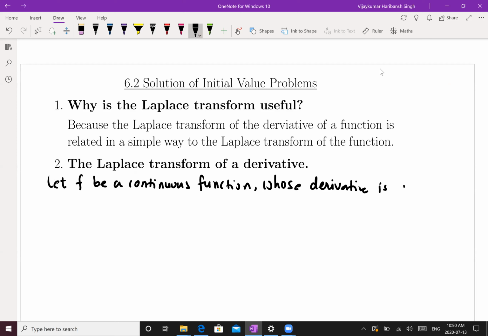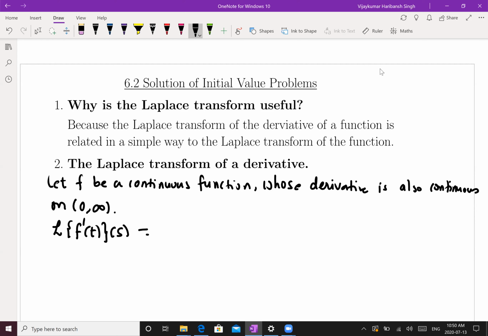And where are these functions? They are on 0 to infinity. Then what is the Laplace transform of the derivative of f of t?